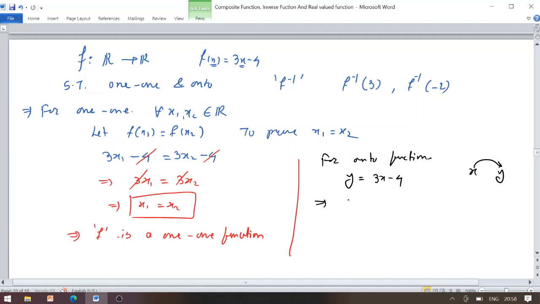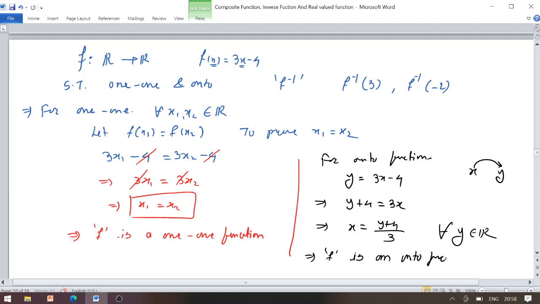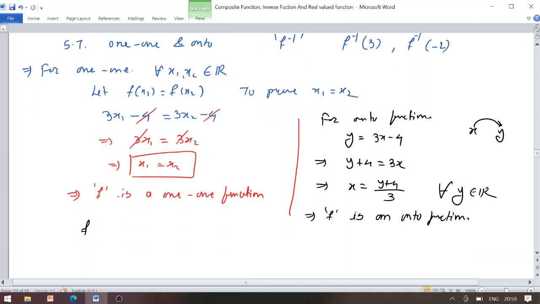So that implies y plus 4 equals 3x, so x equals y plus 4 divided by 3. So for all real values of y, there exists a real value x from the domain. So that implies f is an onto function.